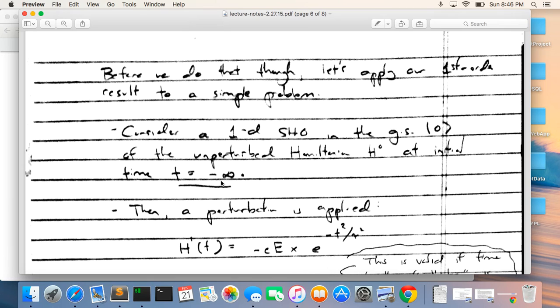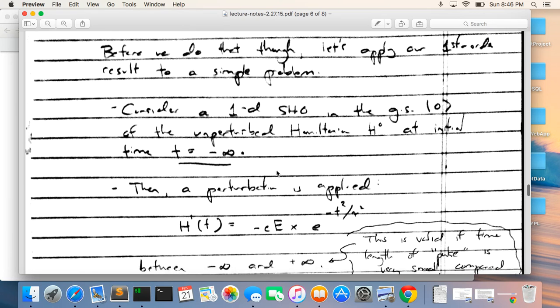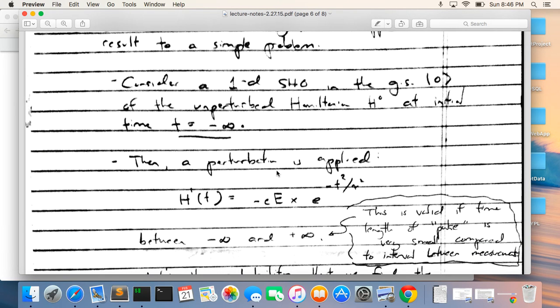This is going to seem a little strange, but it makes sense because the idea is that you start at some time and then you end at some time, and the perturbation Hamiltonian only acts for a very small amount of time. So it's equivalent: you can set the initial time to minus infinity and the final time to plus infinity, and it doesn't really affect anything, but it simplifies the analysis.